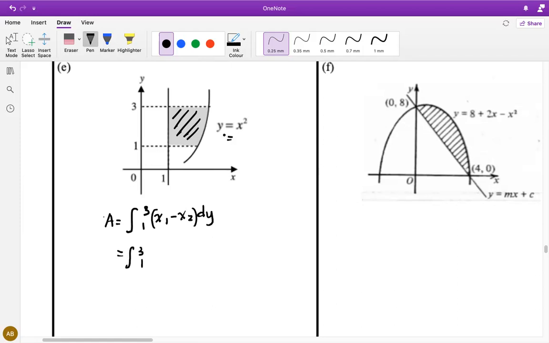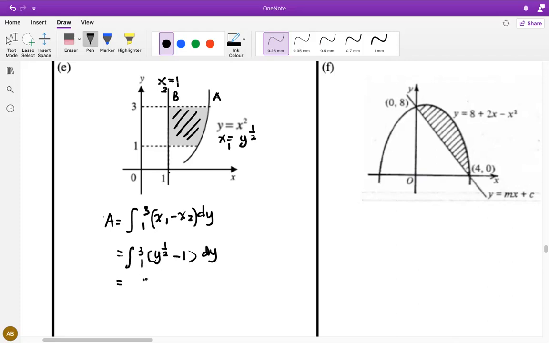Our x here will be y to the power of 1 over 2. And what is our x here? x is 1. So this is our x1 and this is our x2, because it is above minus below. Above is x1. So y to the power half minus 1 dy.